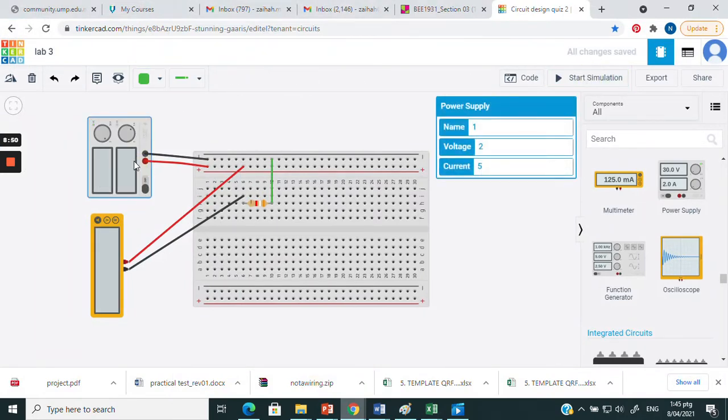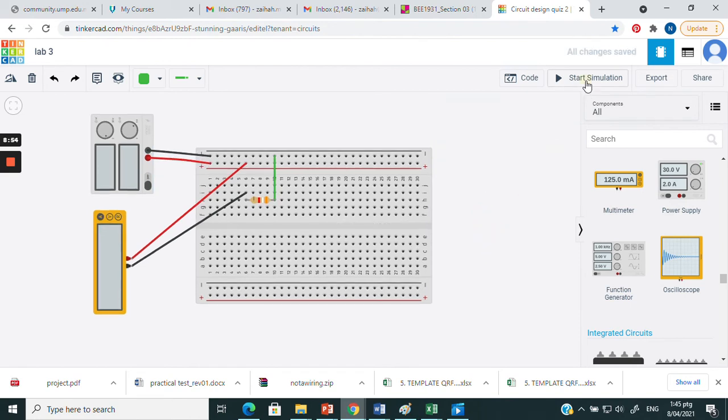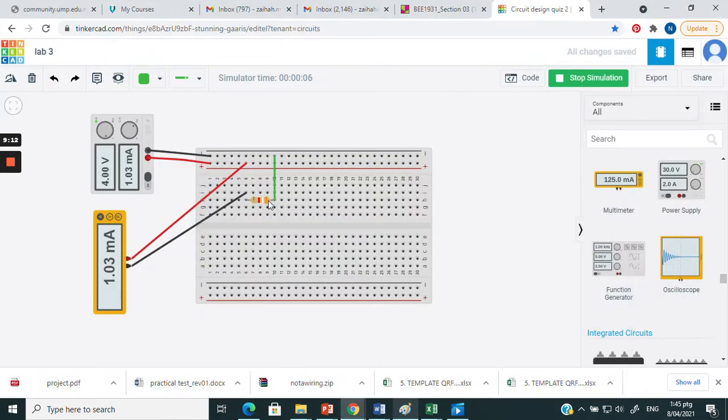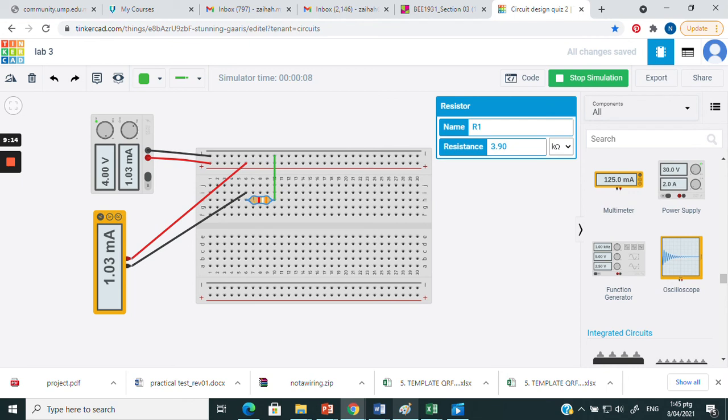Stop the simulation and change this to 4. Start the simulation. So you will get 1.03 milliampere. So the result is the same. Next is increase the voltage value to 6 volt, 8 volt and 10 volts. That is for the 3.9 resistor value.